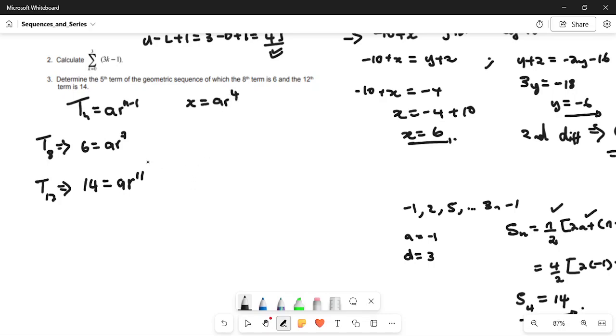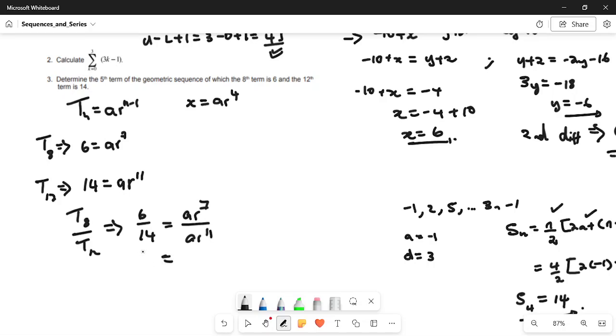So what I will do in this case, I'll find the ratio of the two given terms, the ratio of the 8th term and the 12th term. So I will have 6 divided by 14 is equal to a r to the power 7 divided by a r to the power 11. Now let me simplify this.